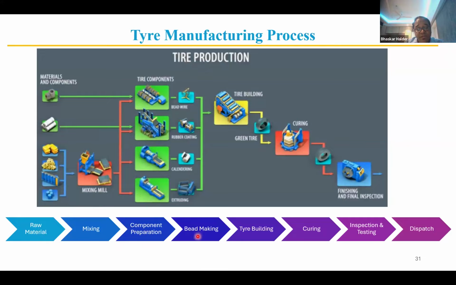Then there is bead making. Then comes tire building, the assembly area, where all the components are assembled in a green condition. Green condition means an uncured condition. Everything is assembled on a drum, which is called a tire building machine. And then there is the curing.